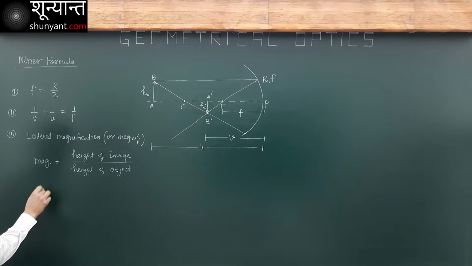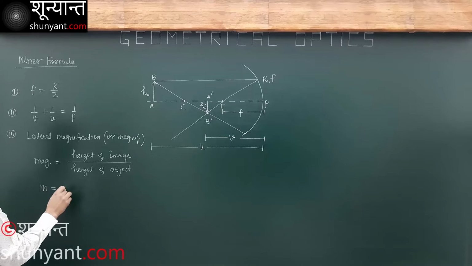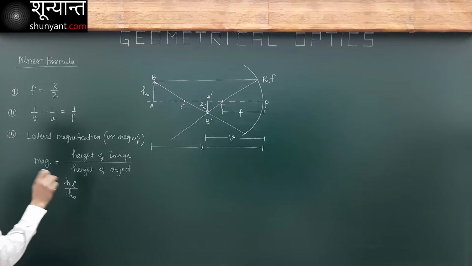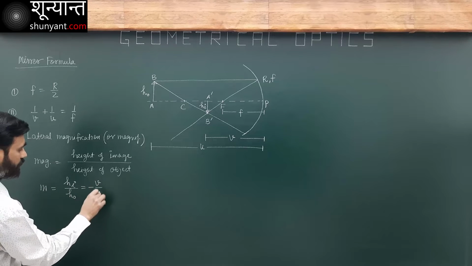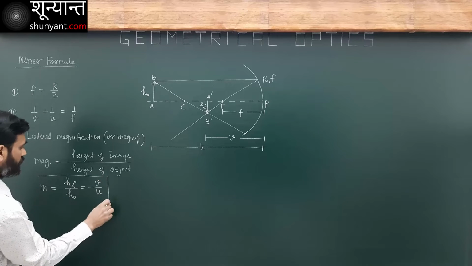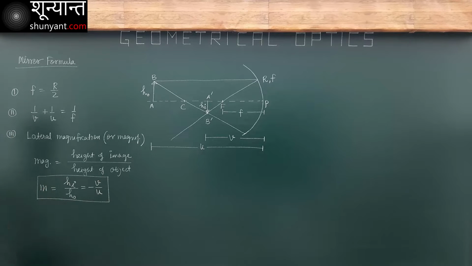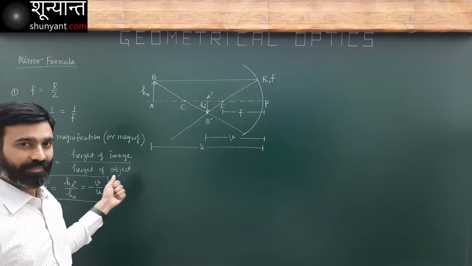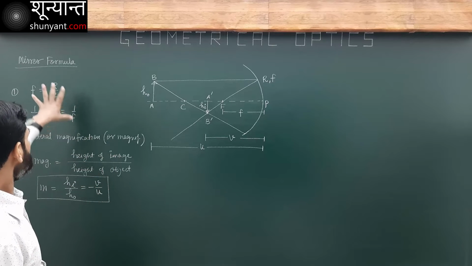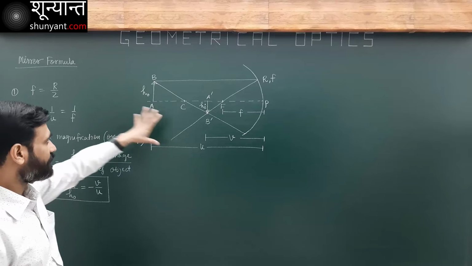So this M is equal to height of image over height of object, and this turns out to be equal to minus V over U. Makes sense? Now, this is the mirror formula. This is how the different terms are related.